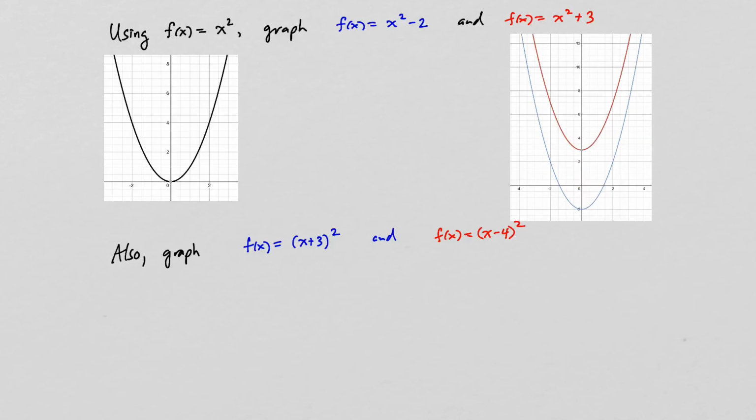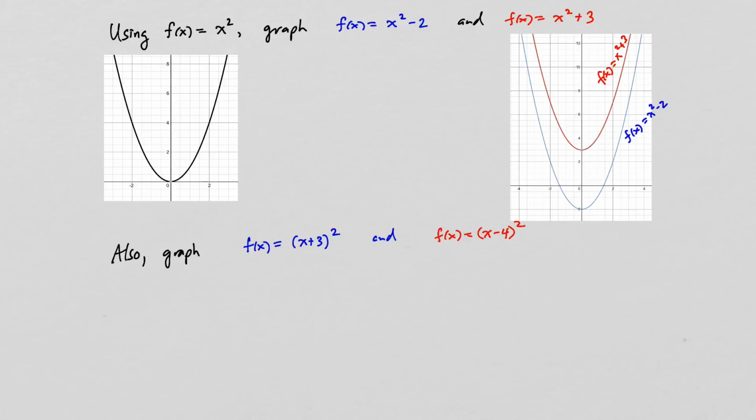So, again, this is the graph f(x) = x² + 3, and this is the graph f(x) = x² - 2. So adding or subtracting something to the end of a function moves the function up or down that many units.